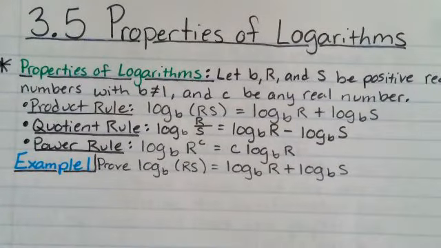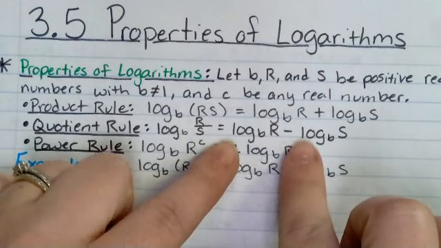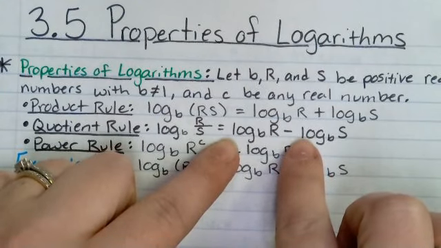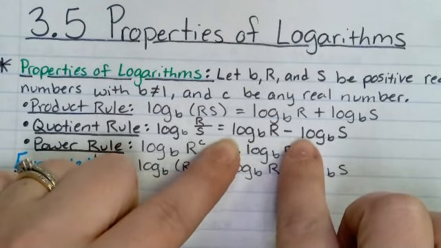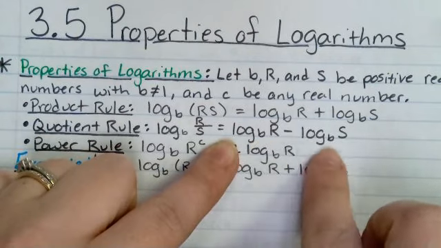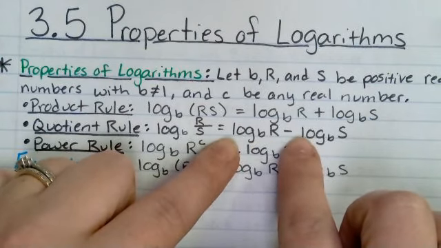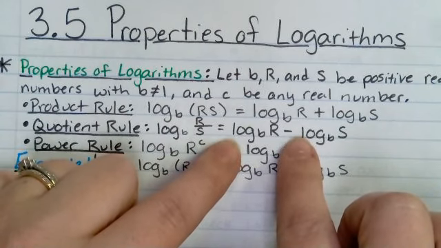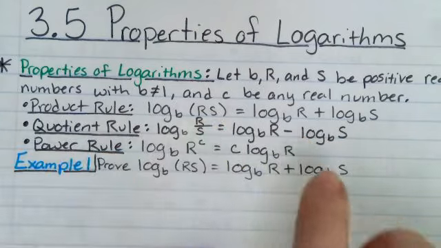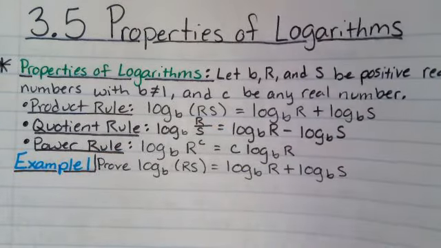I want you to look back up here. And when I see that quotient rule, I want you to look at these logarithms. Do you see how there is no number written in front of those logarithms? We just see log base b of r minus log base b of s. There is no number written in front. That indicates that when you do that quotient rule, there should not be numbers in the front, right? So I think I'm going to need to take care of that first.